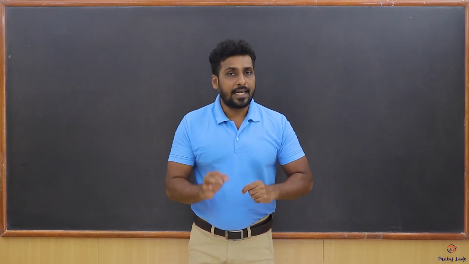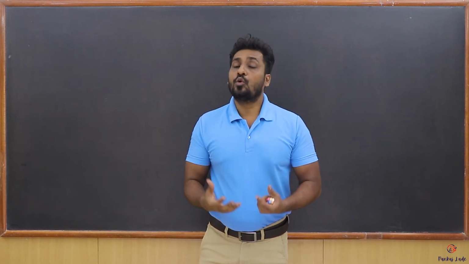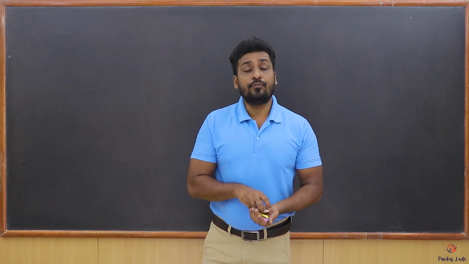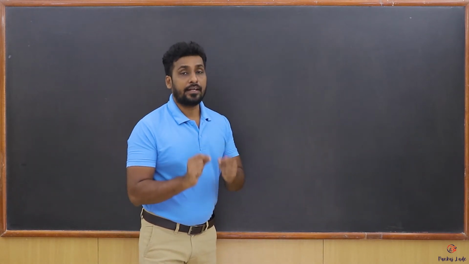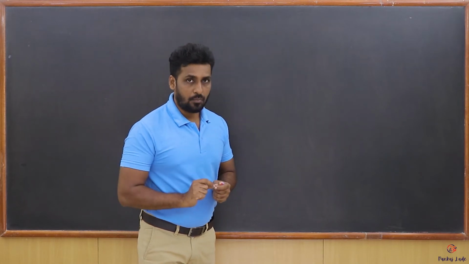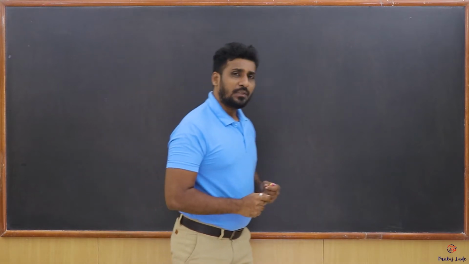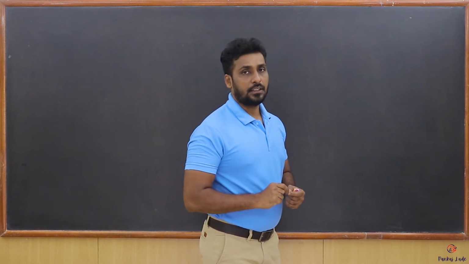We will always write z as x plus iy. So now I'm going to start with the definition of a complex number. Do you recall that numbers can be categorized into two different types? One is called real numbers and the other is called imaginary numbers. So let's begin from there itself and then we'll come to the definition of a complex number.